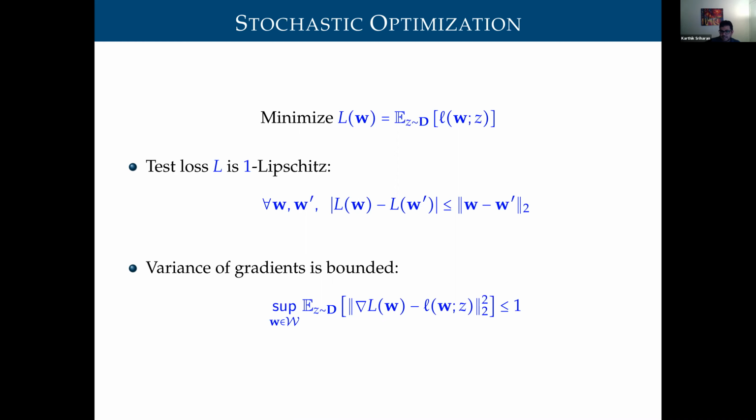So we look at the gradient of the test loss versus the gradient of the instantaneous loss. Okay, and we're going to assume that in expectation, this norm squared is bounded. This is a typical variance bound assumption that you make for stochastic gradient descent to work, and it's natural for us to make such an assumption. Again, the number need not be 1, it can be some sigma squared, and you can get bounds in terms of the sigma squared, but just for simplicity, let's make all of our constants 1. Okay, so this is what I'm going to assume.